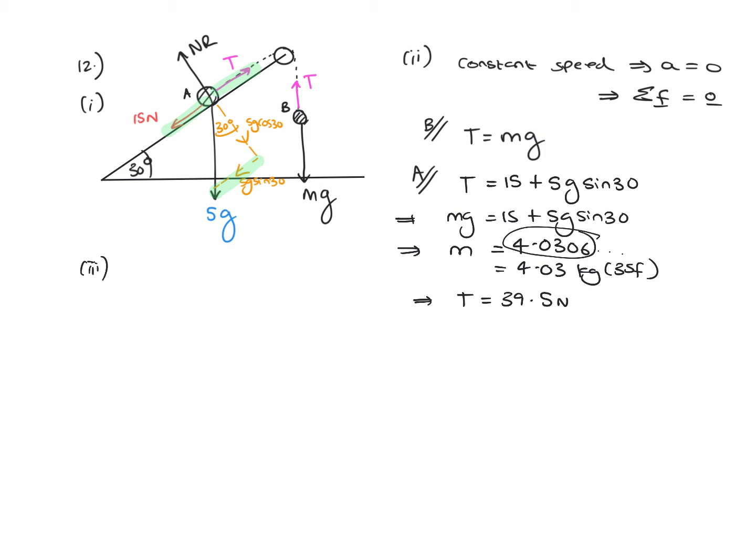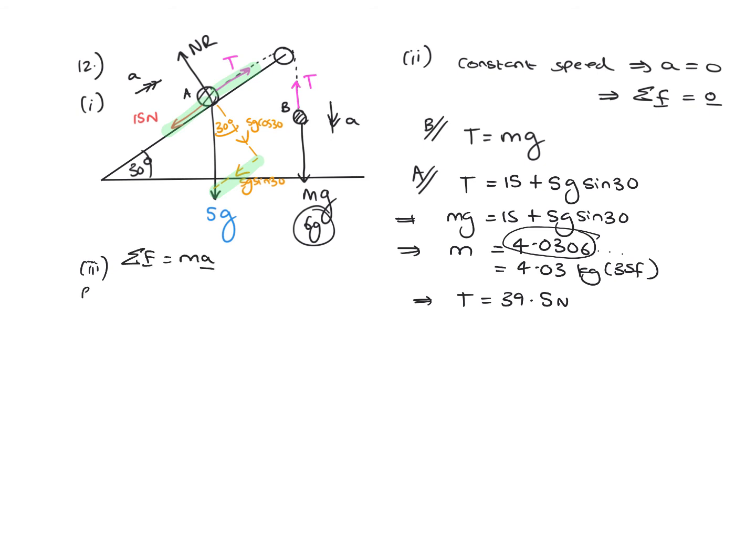Now, part 3 then implements an acceleration in the system. So that means that, let's say this is going to slide up the slope like that. This is going to move down the slope like that. And m is 6 kilograms, so this is 6g over here. So we're now applying F equals ma.